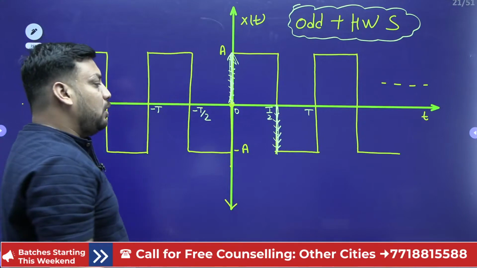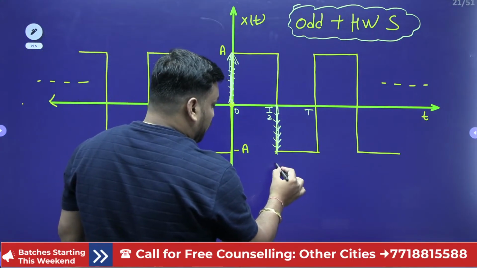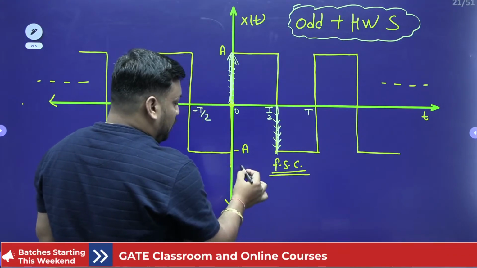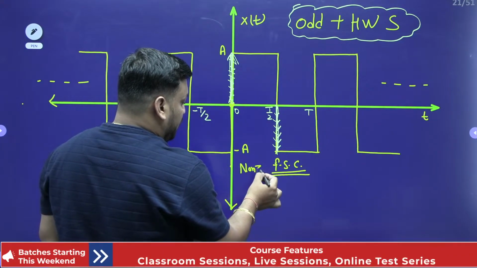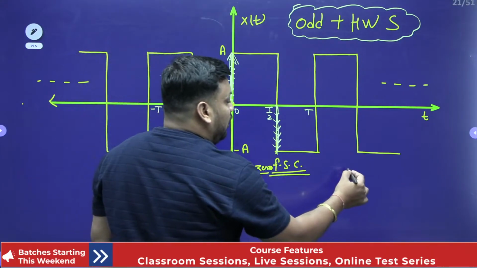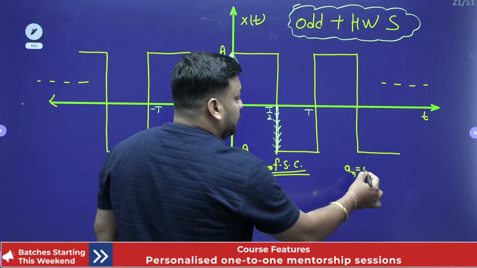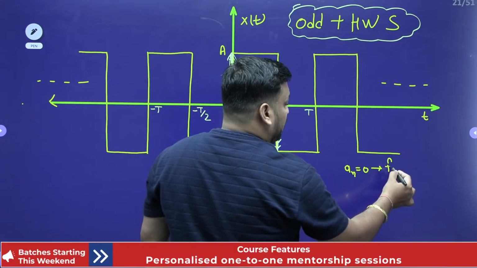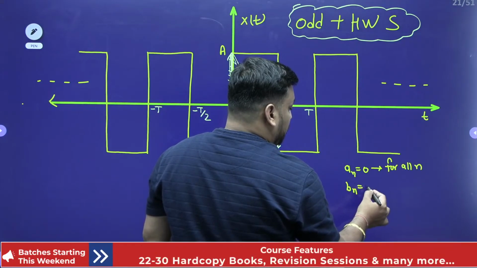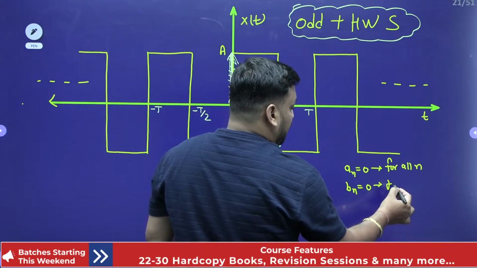So as far as the Fourier series coefficients are concerned, what will the non-zero Fourier series coefficients be, guys? Because the signal is odd, An will be 0 for all n, and Bn will also be 0 for n equal to even.